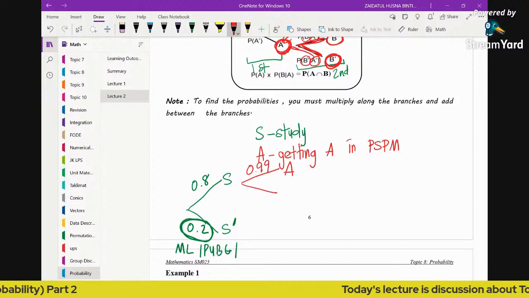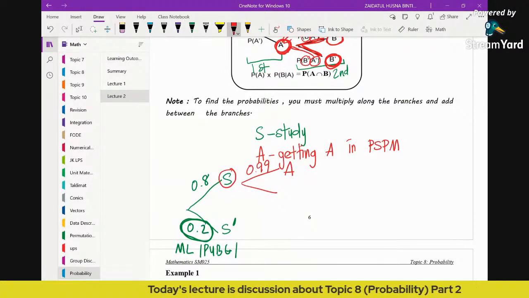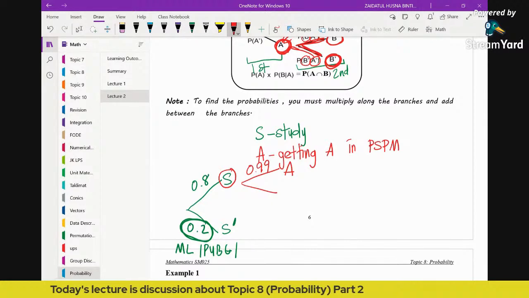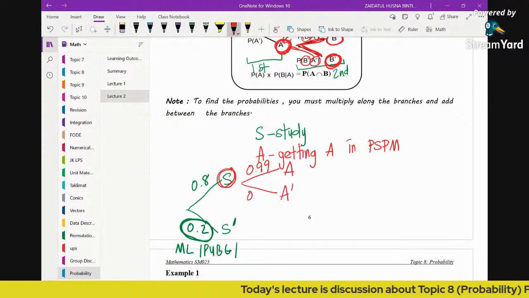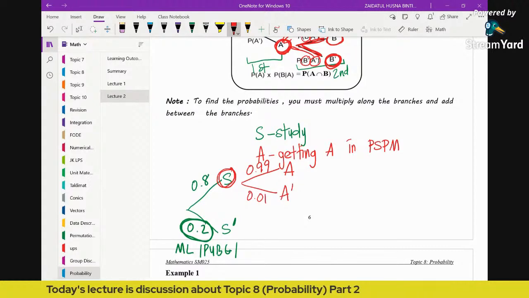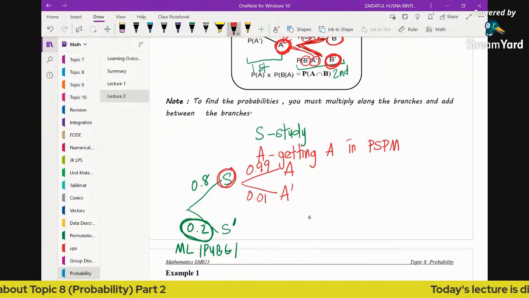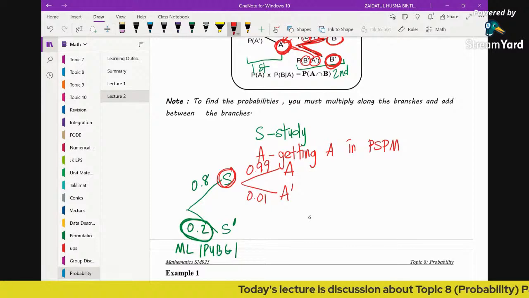So sekiranya awak belajar, it is very likely for you to get A. Tapi ada juga case di mana dah usaha, dah belajar tapi tak dapat A. That's not your fault, but that is life actually. Sometimes kita dah study tapi tak dapat A. Itu pun berlaku. Mungkin ada sebabnya, we do not know, but again, that is life. Sometimes luck will be on your side, sometimes it won't.